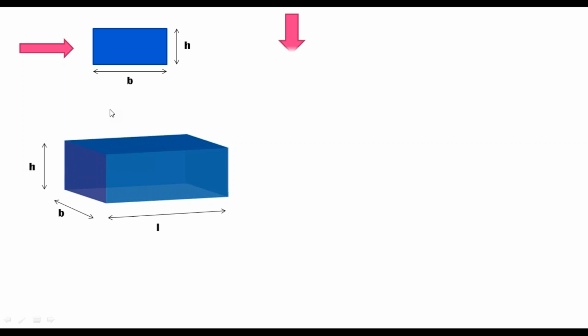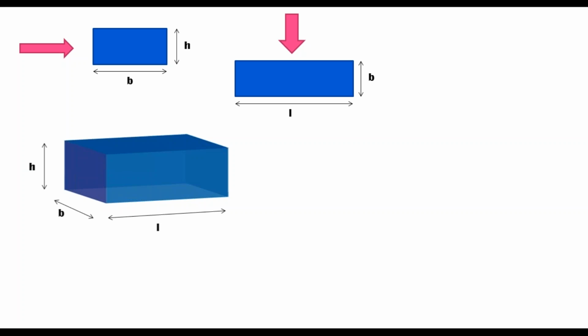In a similar manner, if we look from the top, we can figure out the top view of this cuboid. We can see this plane which has length and breadth, right? If we look at this cuboid from the right hand side, we will see this type of plane where we have breadth and height, right?